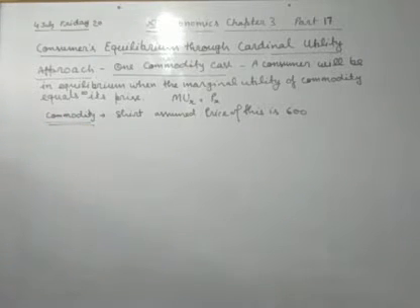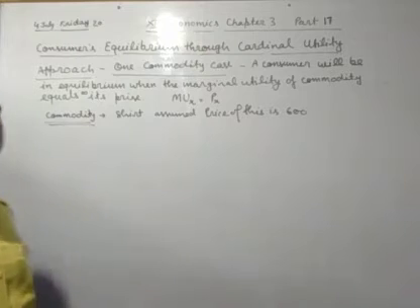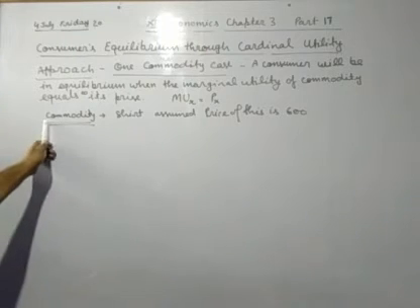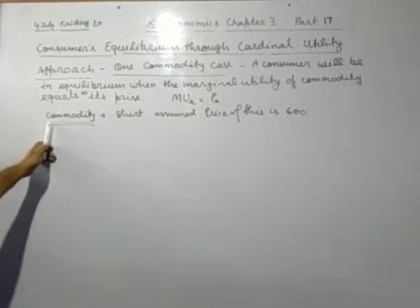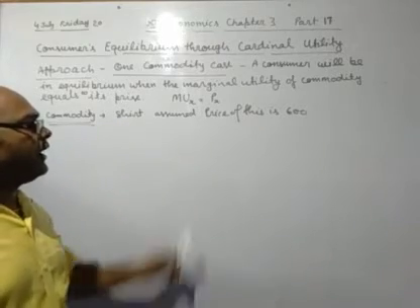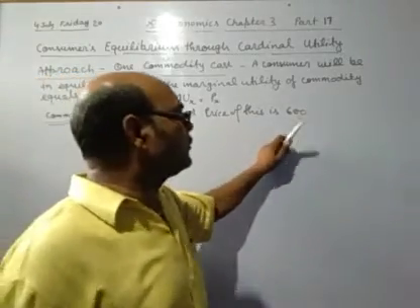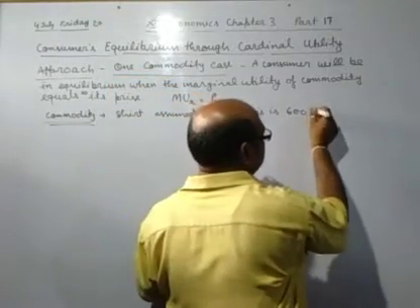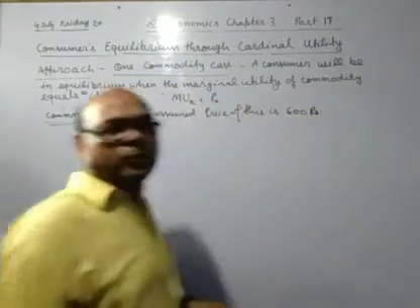Because we are studying one commodity, we have assumed one commodity, salt, and the price of this salt is 600 rupees.